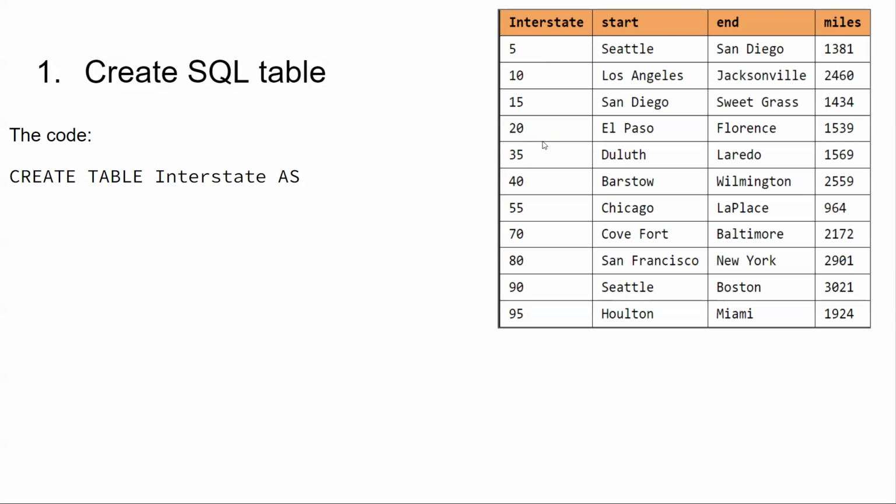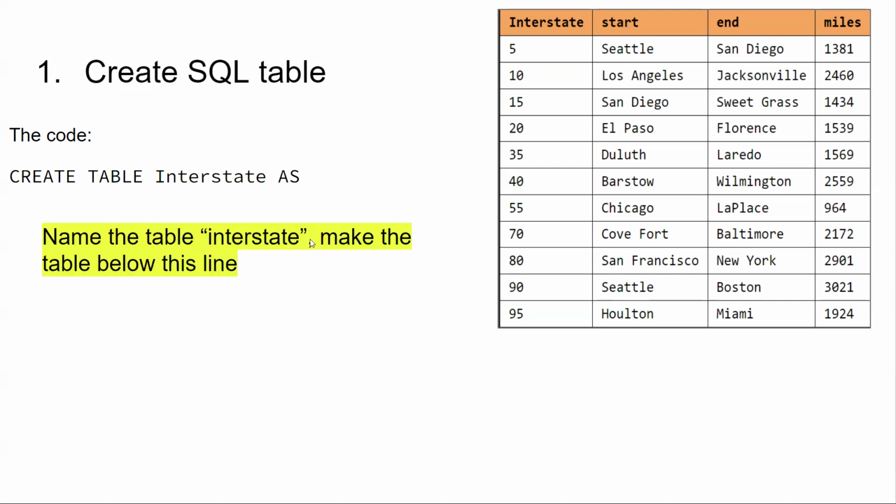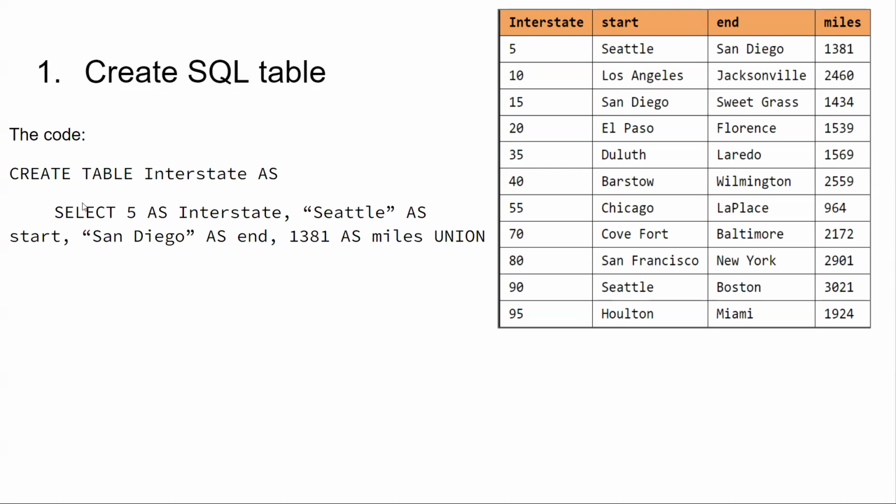In the first line, we have to tell the computer that the first place is interstate, the second is start, the third is end, and the fourth is miles. We put one piece of data right before the names of the columns. So we have the first one: select 5 as interstate.